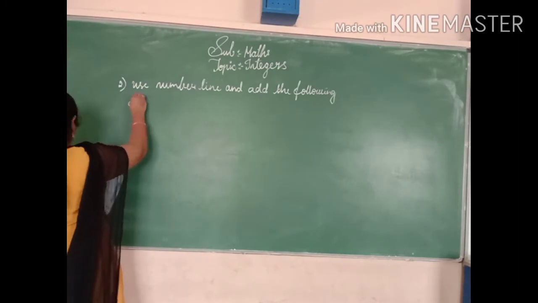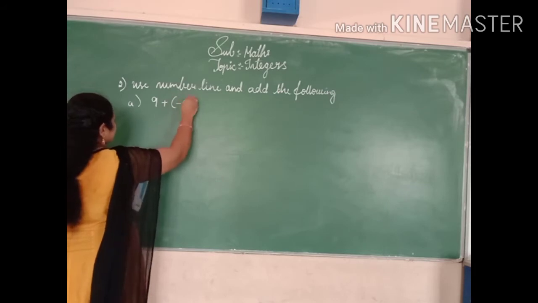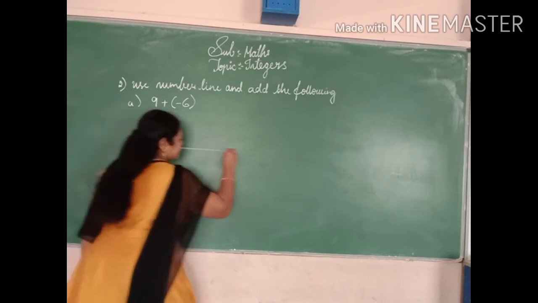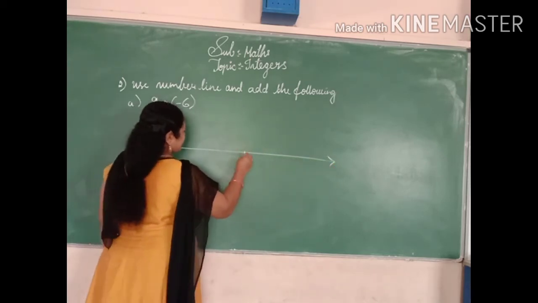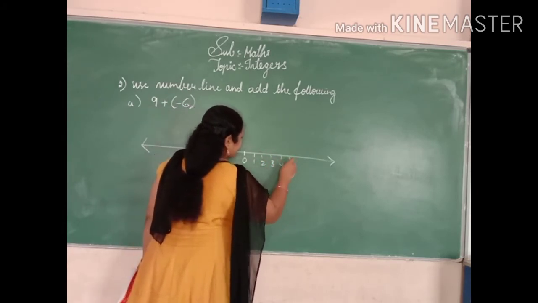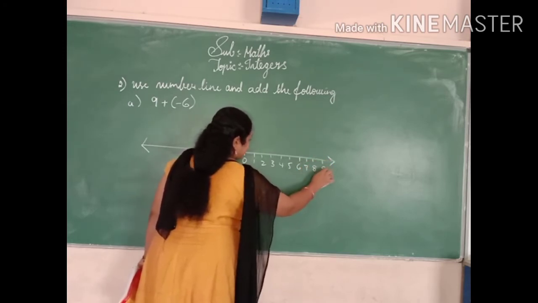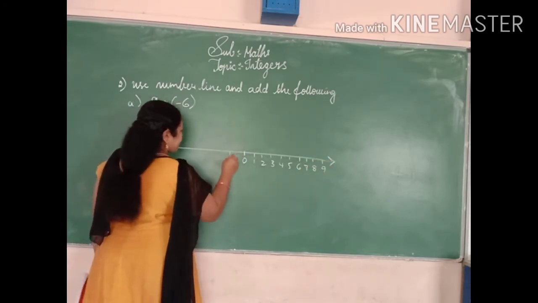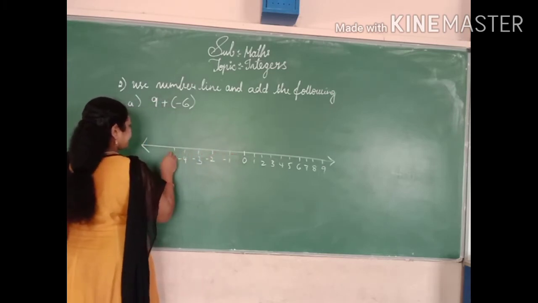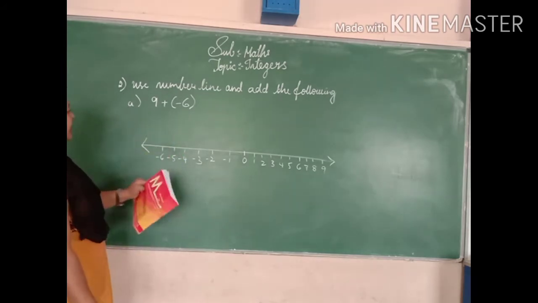So here it is A, 9 plus minus 6. So again take your number line here. 0. 9 plus minus 6.